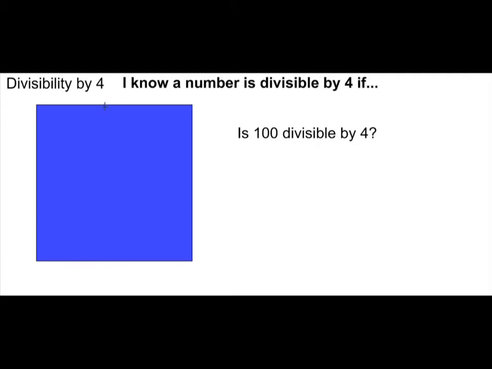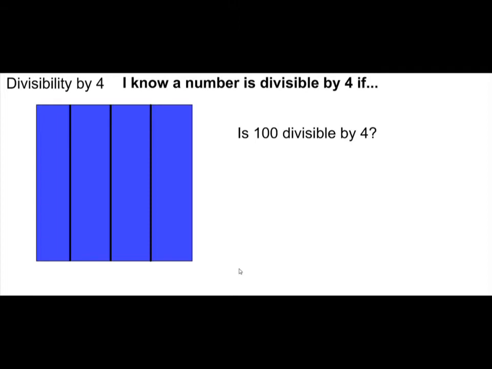Well, let's have a quick look here. Let's divide up this 100 block. I could put a line right down the middle, and another line down this part, and another line down this part.